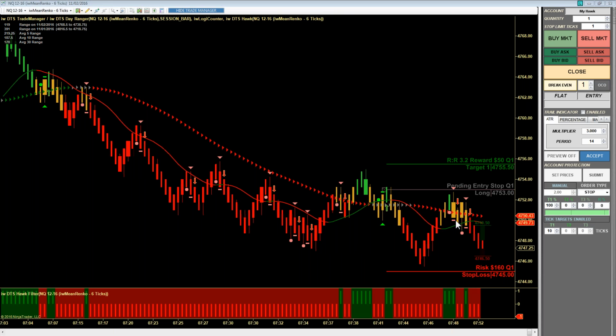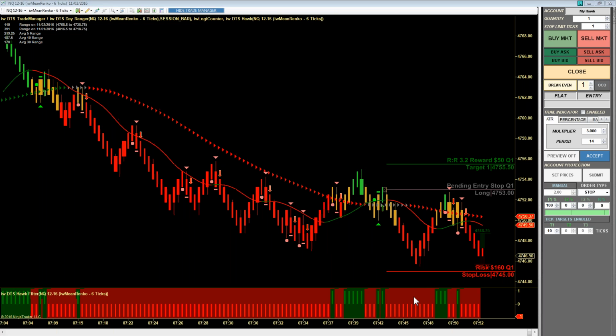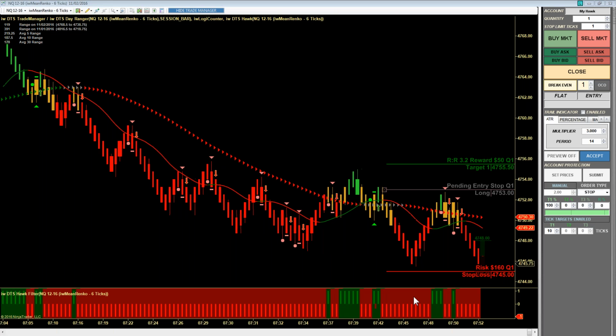All right, so here's the follow through now from that green bar sell. We're retesting the lows. We'll see if the market turns and tries to head higher. Or not.